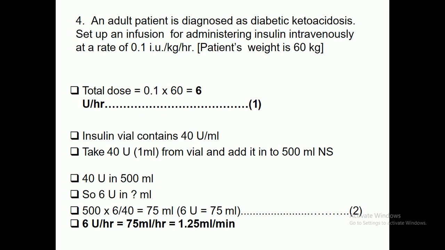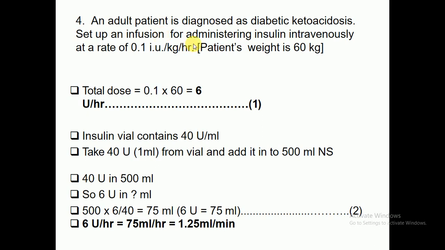In order to calculate the dose, I have already discussed the different dosage forms and how to calculate the dose. So today the question is different. Now the problem is that an adult patient who came to the hospital is diagnosed with diabetic ketoacidosis.